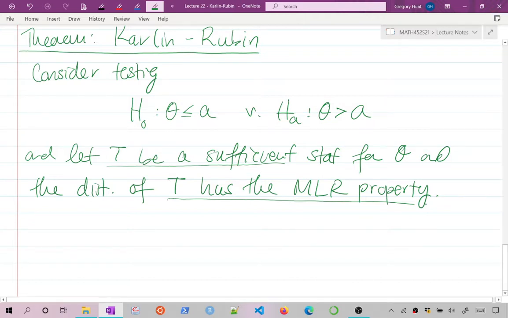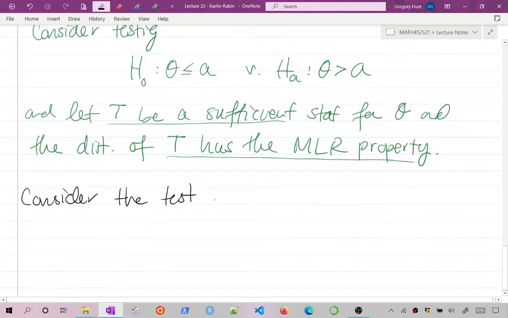If it does, then consider the test that rejects when, well, what would the intuitive thing be?